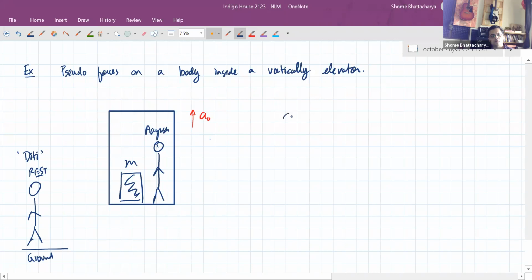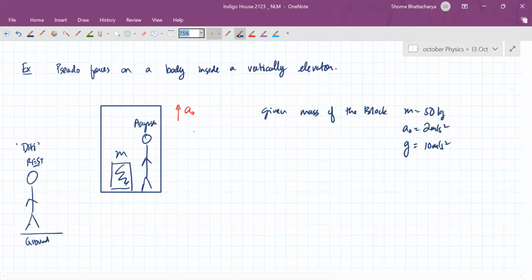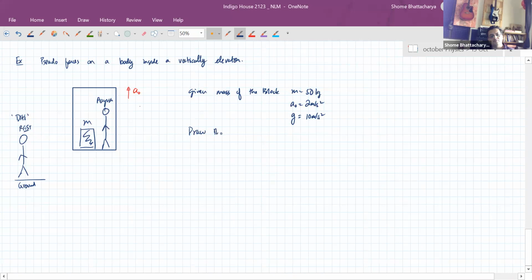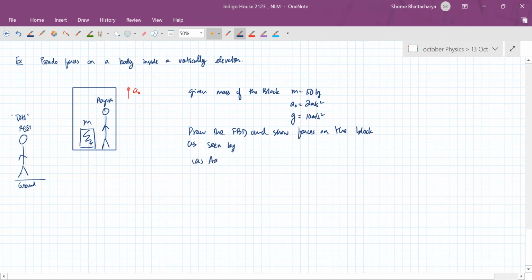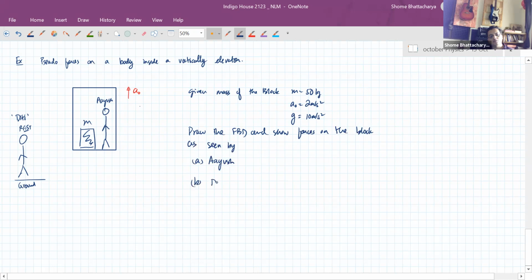Given the mass of the block is 50 kilograms and a0 is 2 meters per second squared, whereas g is 10 meters per second squared, draw the FBD and show forces on the block as seen by Ayush or as seen by Aditi, and calculate the normal reaction force in each case.